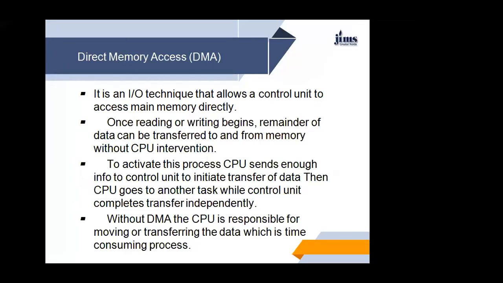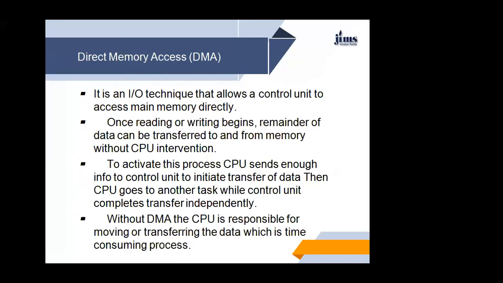As we have discussed earlier, DMA is direct memory access. It is an input-output technique that allows a control unit to access main memory directly. Once reading or writing begins, the remainder of the data can be transferred to and from memory without CPU intervention.